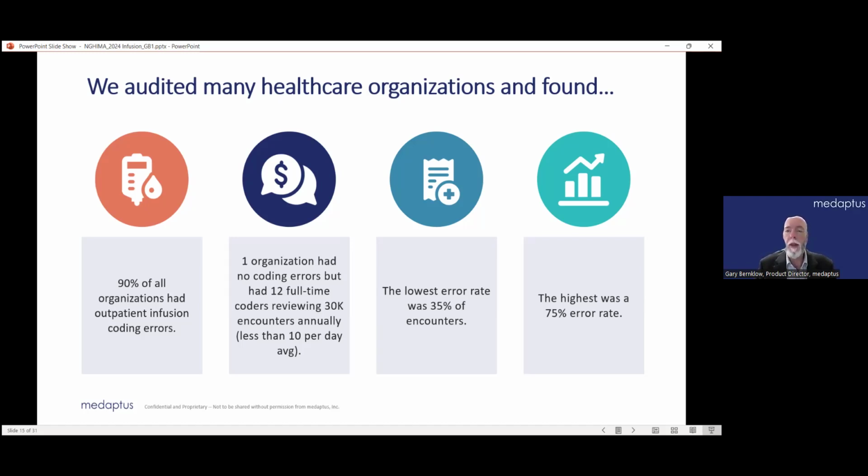So we think there's probably a problem out there, and we've audited quite a few organizations and found this across the board. If you know that you're having an issue in outpatient infusion, you're not alone. If you don't think you are, I suggest you take a look at the data a little more just to make sure.